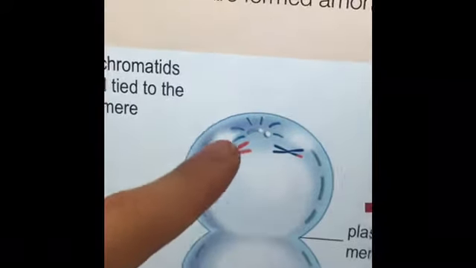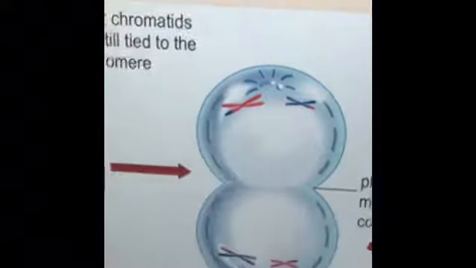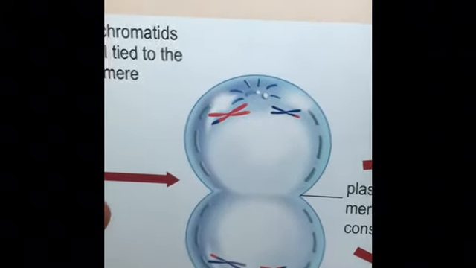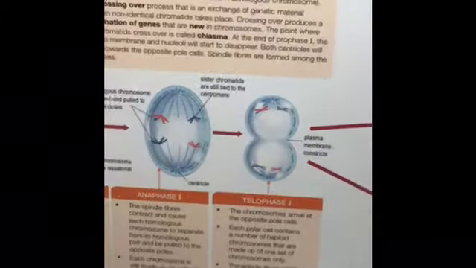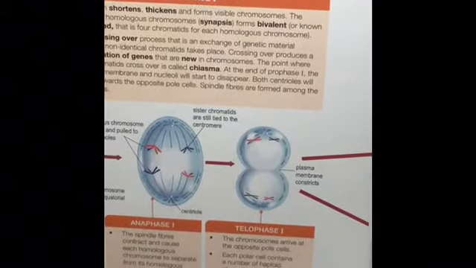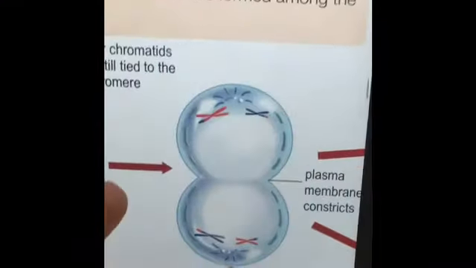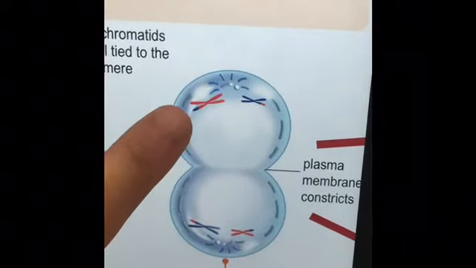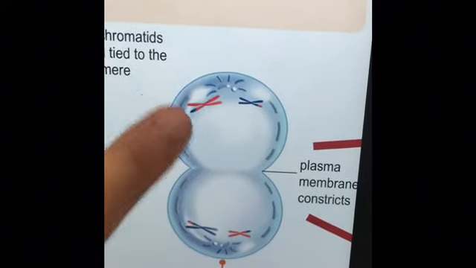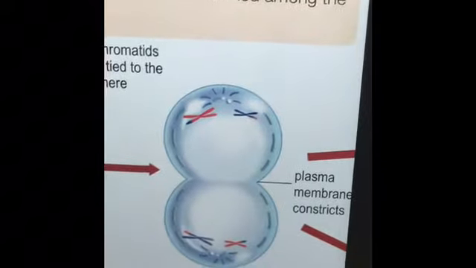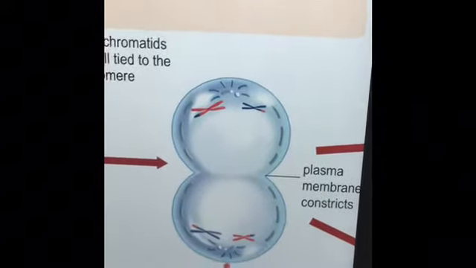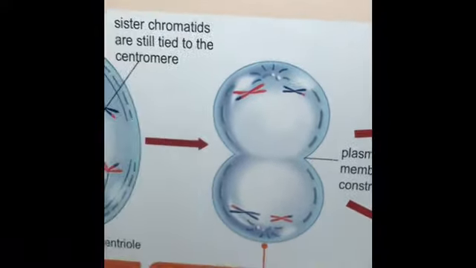So these two have to be separated for the cell to work properly, and that is the reason why we have another step, which is meiosis 2, to make sure that each cell does not have two sister chromatids at the end of cell division.